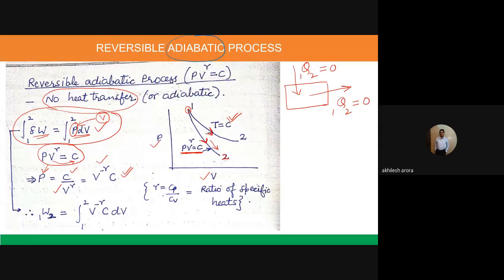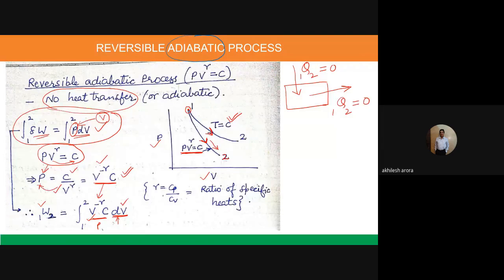So you can see it here. Now W1 to 2 is equal to V raised to power minus gamma, which comes from this equation because this is the value of P, into dV. So this part is P, and this is dV. So both the things are here.